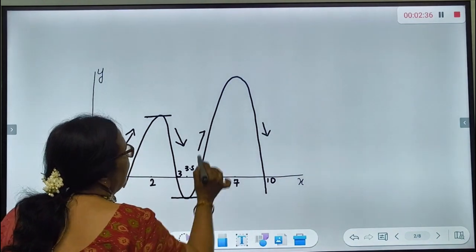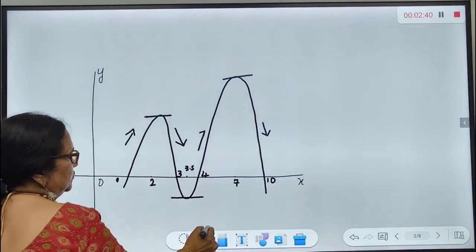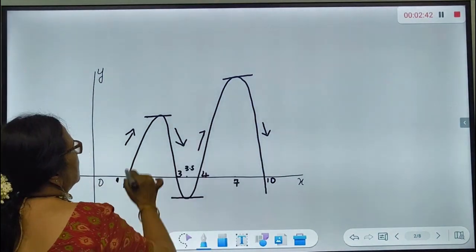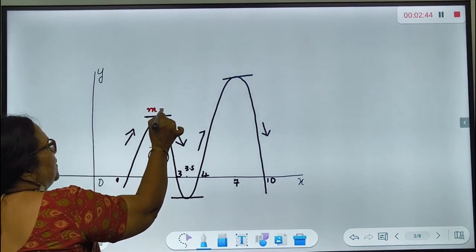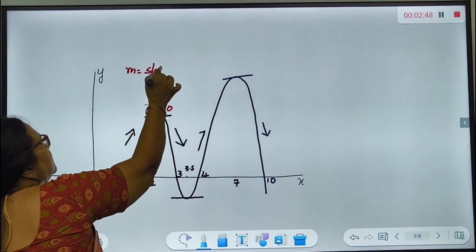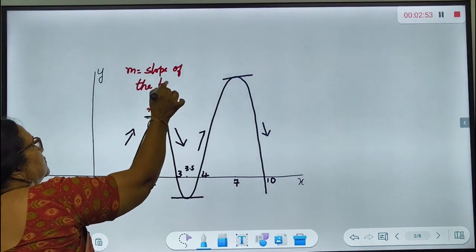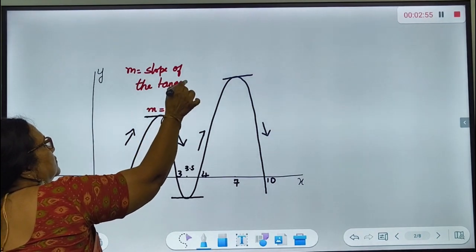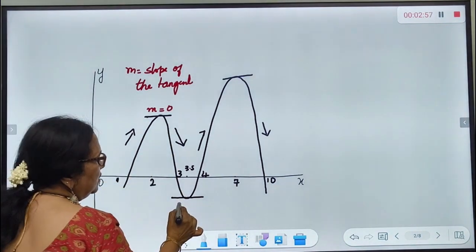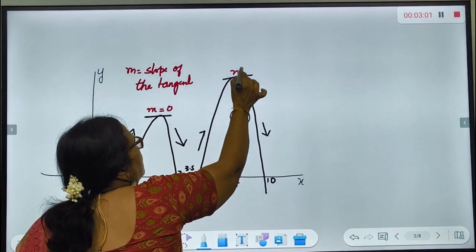These 3 points have slope equal to 0. So if m is 0, where m is the slope of the tangent line, then you can see here also m is 0, here also m is 0.